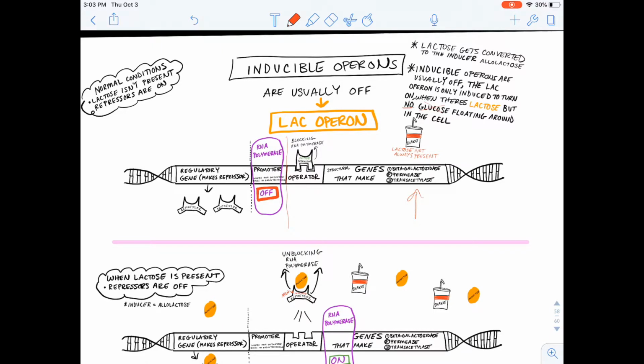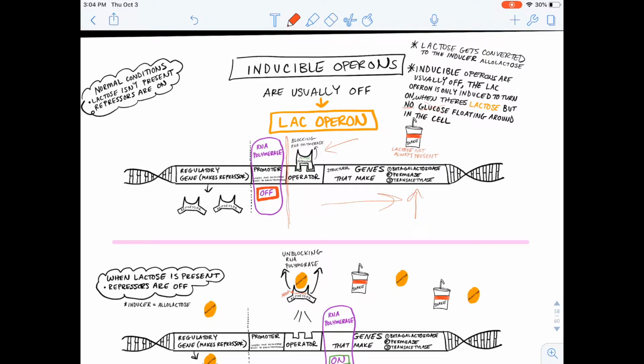On a normal basis, the repressor here will sit inside of the operator, and it will block the RNA polymerase. And the RNA polymerase will not be making these genes here. No transcription, no translation.